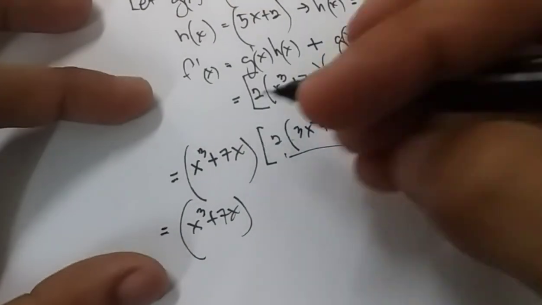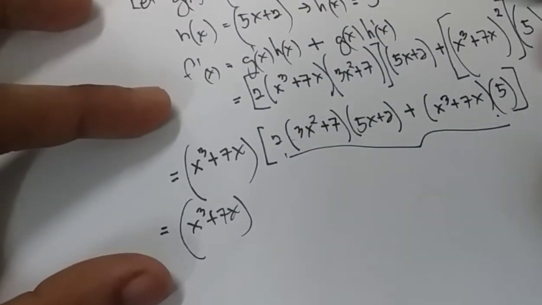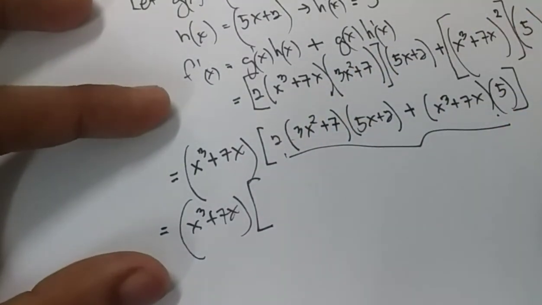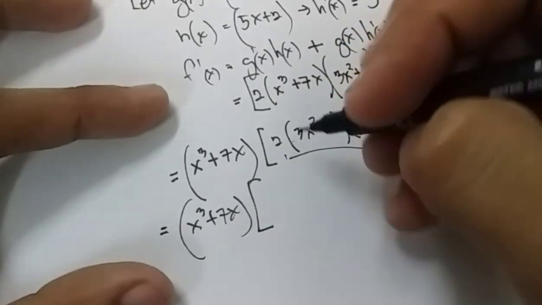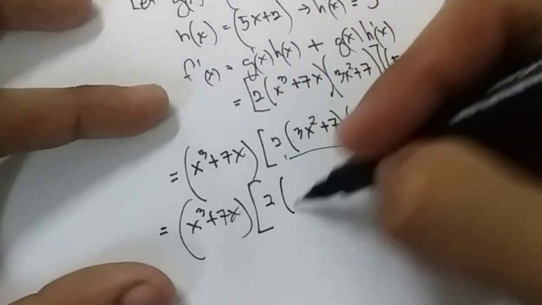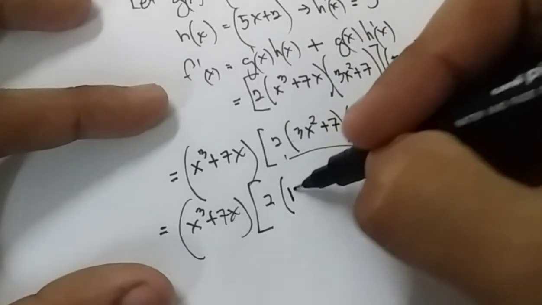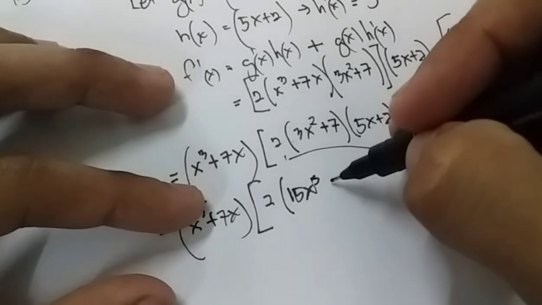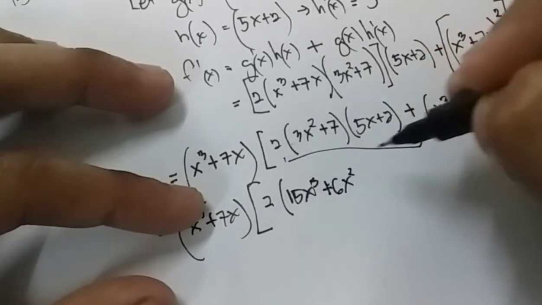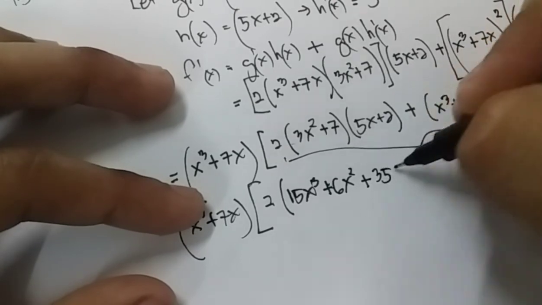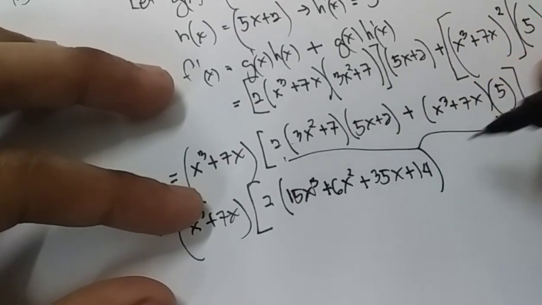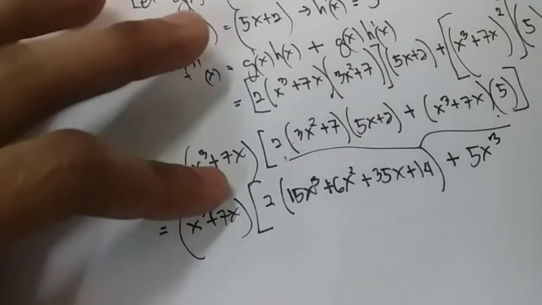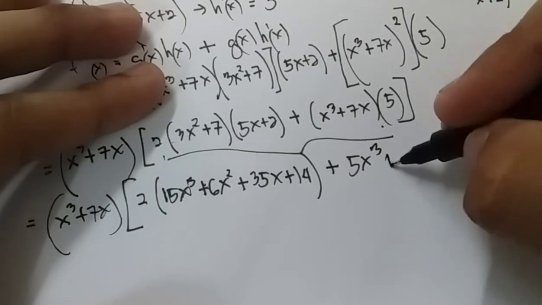I can distribute this one by using the FOIL method. I will multiply by 2 first. 3x squared times 5x is 15x cubed. Then 3x squared times 2 times 2 is 6x squared. Then plus 35x plus 14. Then for the second term, we have 5x cubed, then 35x.